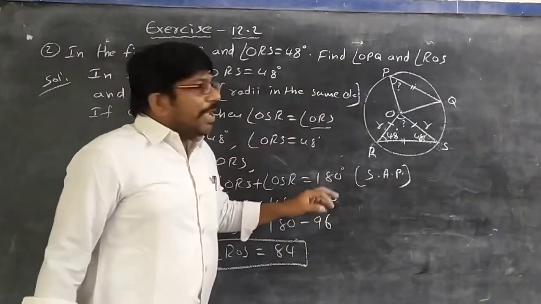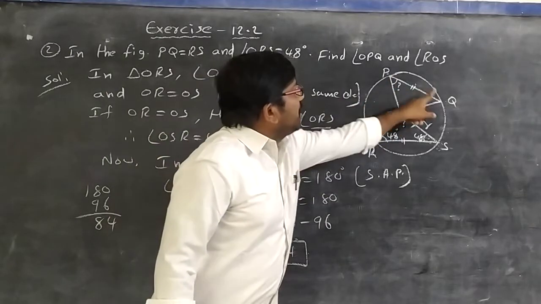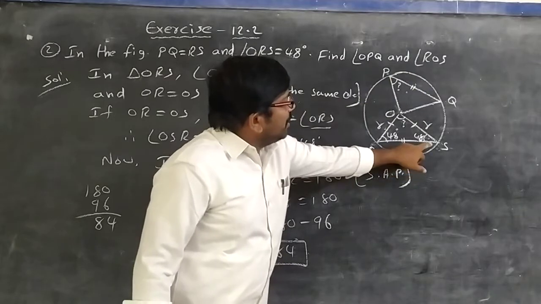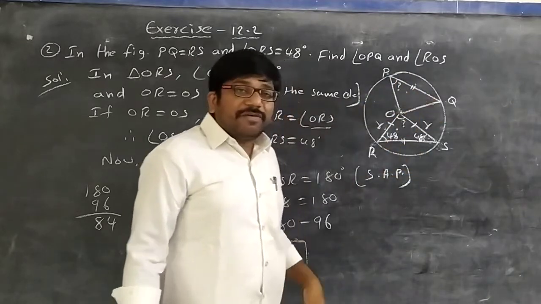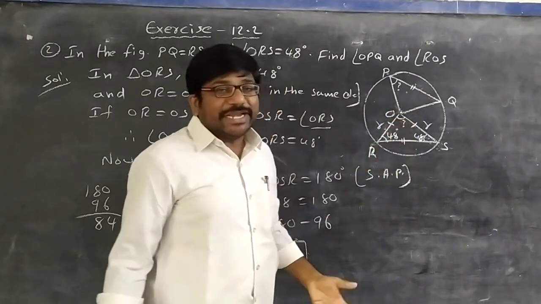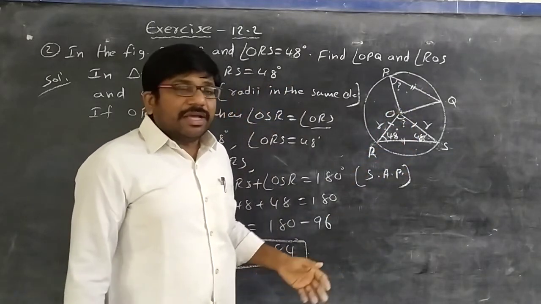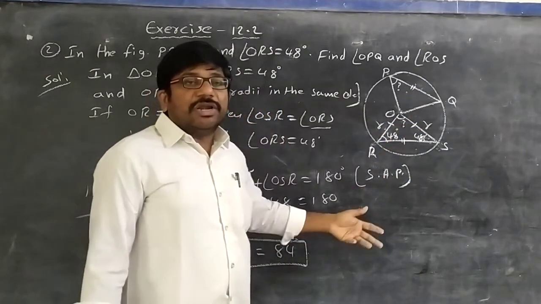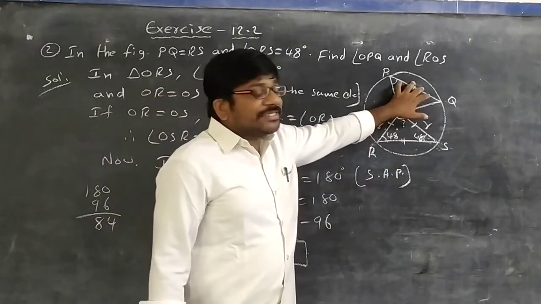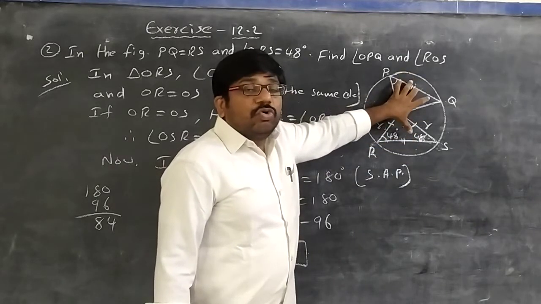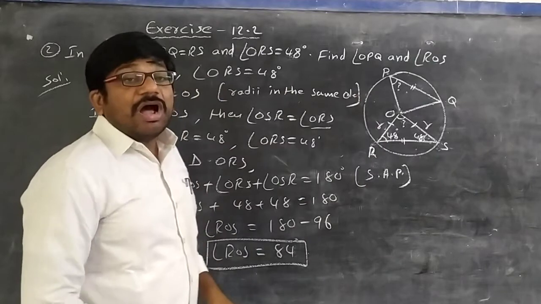Next, we have to find angle OPQ, this angle. Observe carefully, these two are equal chords. From theorem 1, equal chords subtend equal angles at the center, and the two triangles are congruent.